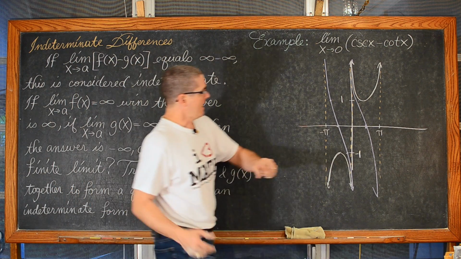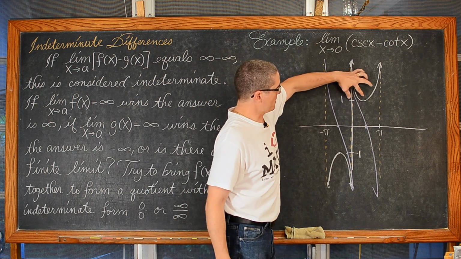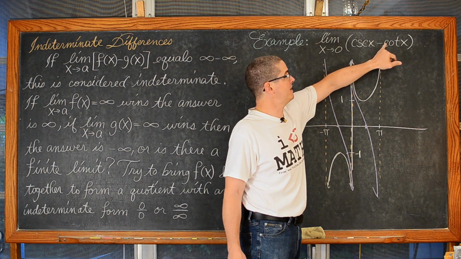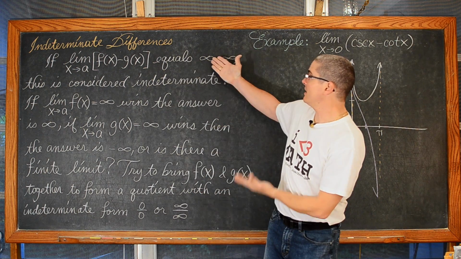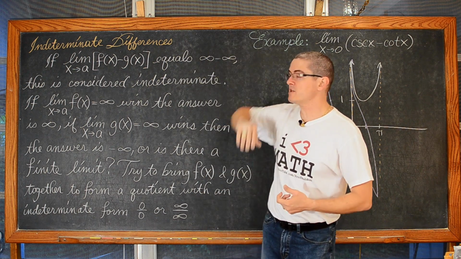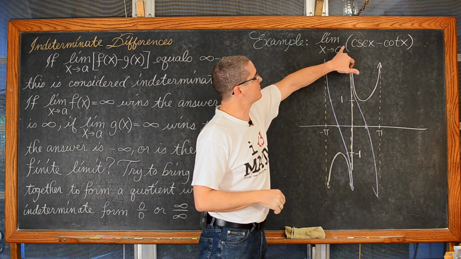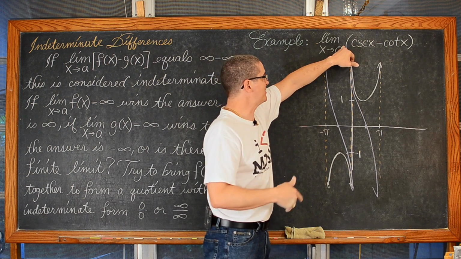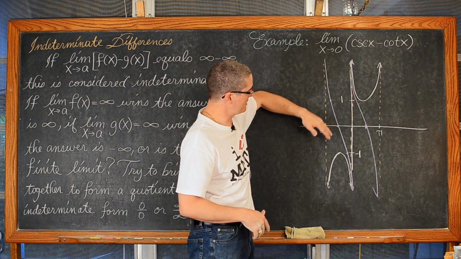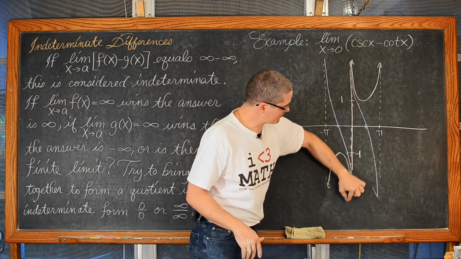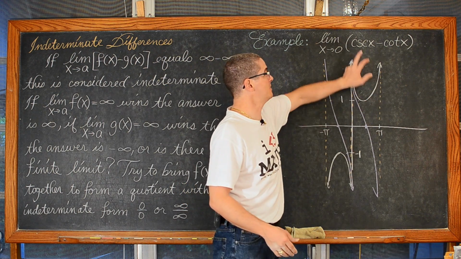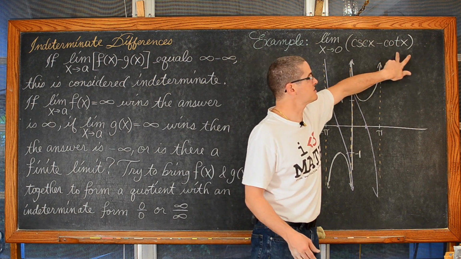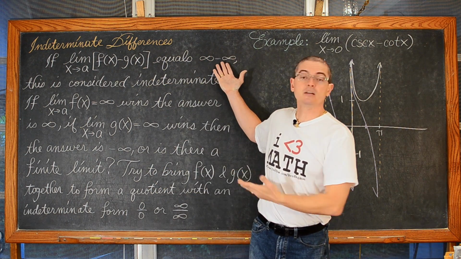At any rate, as you approach 0 from the right, both of these functions are going to infinity. So indeed, this is going to be infinity minus infinity, which is our indeterminate form for differences. And as you let x approach 0 from the left, both the functions are going down to negative infinity, and that's negative infinity minus a negative infinity, which is negative infinity plus infinity, which is still infinity minus infinity.